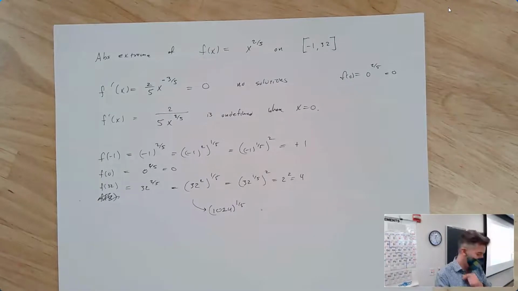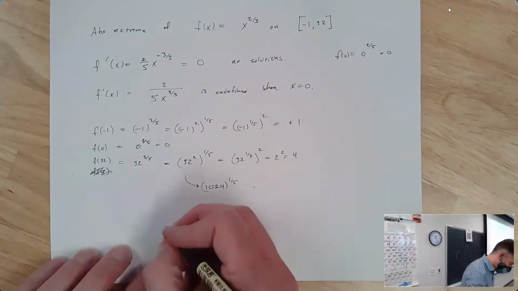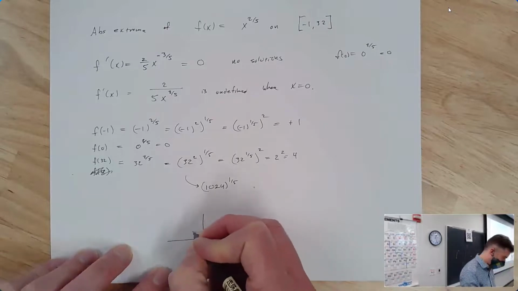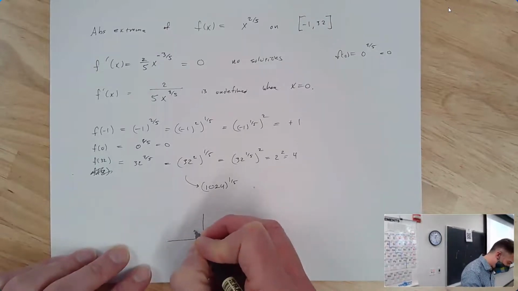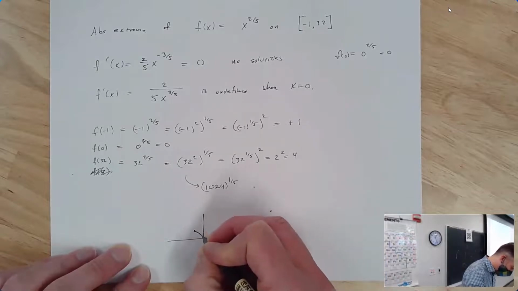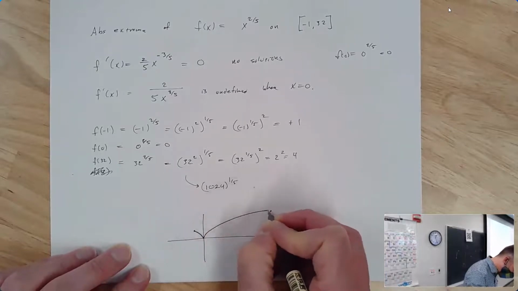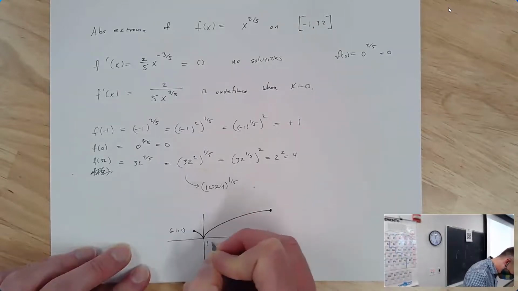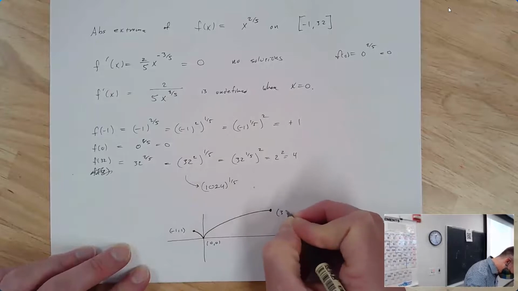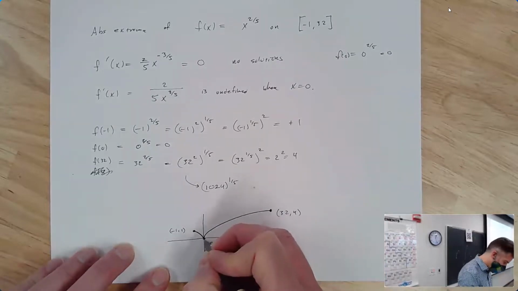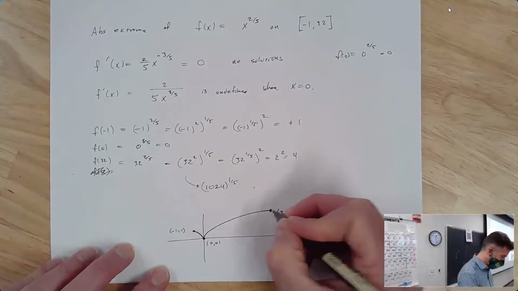Here's what this graph looks like. On this interval from -1 to 32, we have the point (-1, 1), the point (32, 4), and it looks like this. So clearly, an absolute minimum here, an absolute maximum there, right?